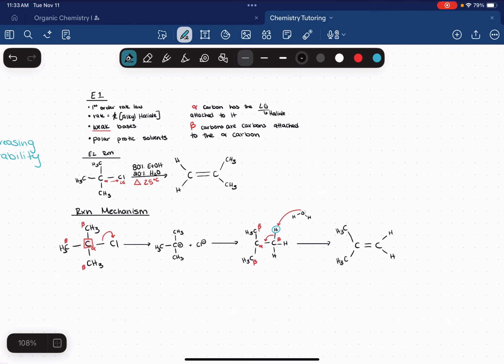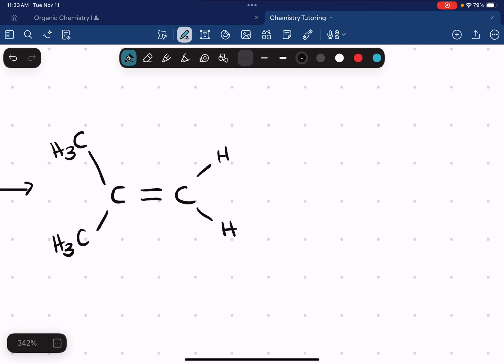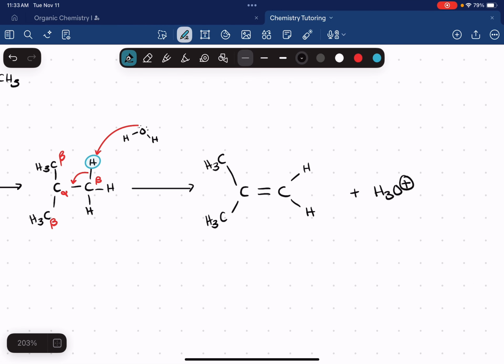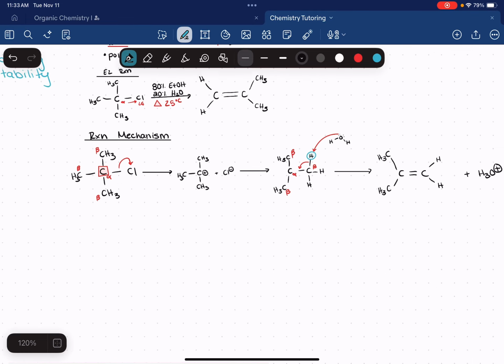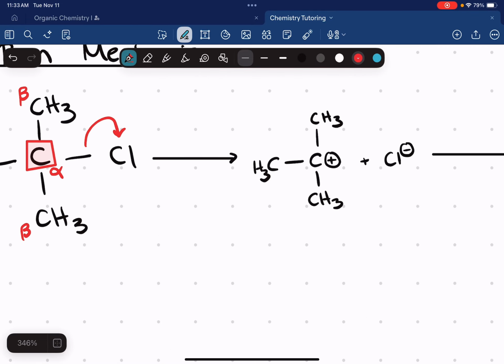All right. So this is an E1 mechanism. Everything's about the hydrogen being ripped off, and then you're going to have a byproduct of H3O+, but you shouldn't be too worried about that. I don't think he really talks about that a whole lot. As far as the reaction goes, this is transition state 1, right?